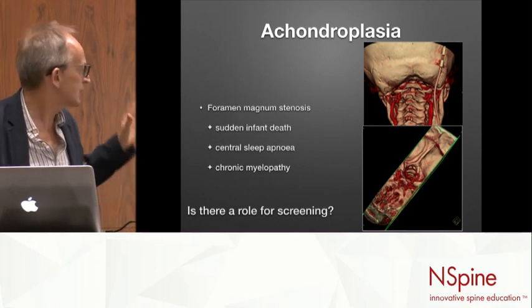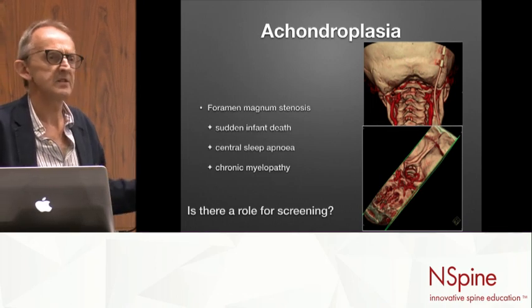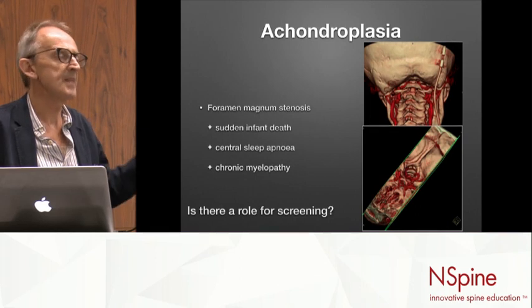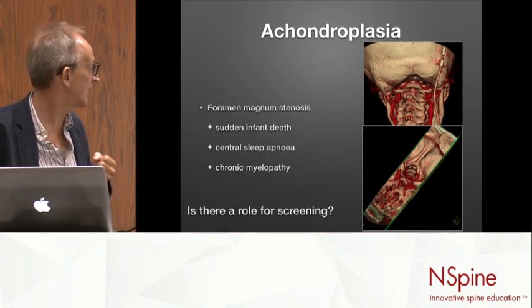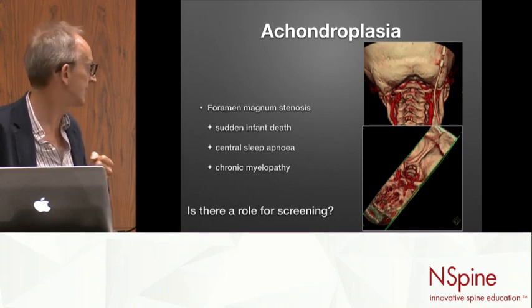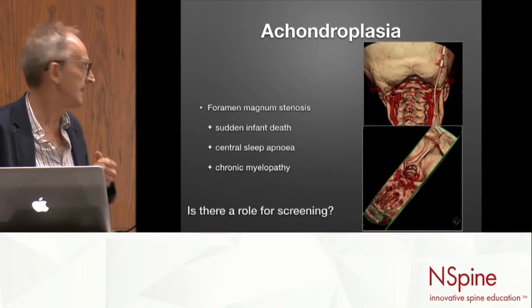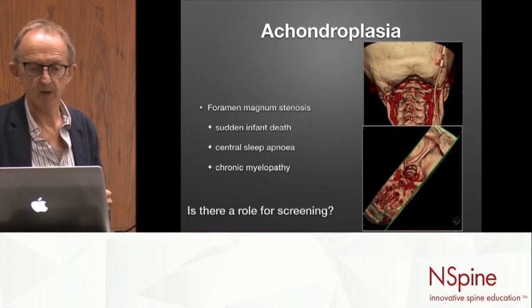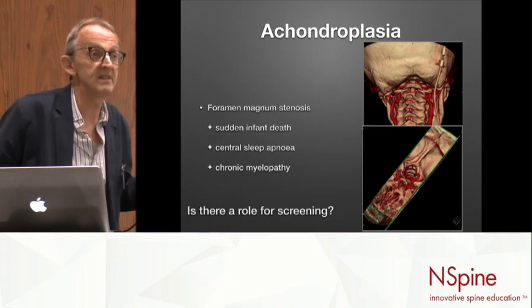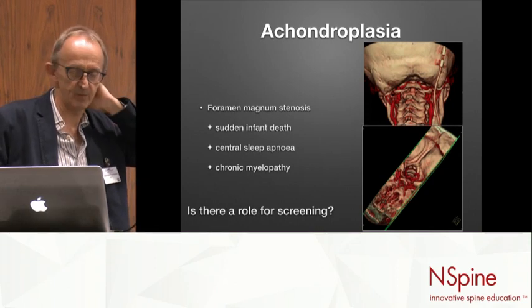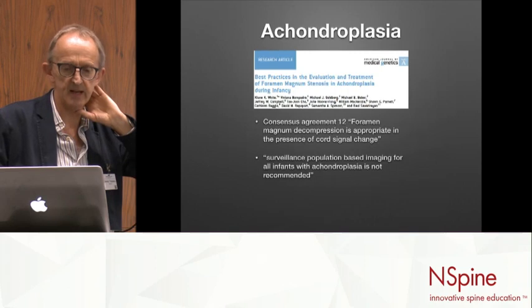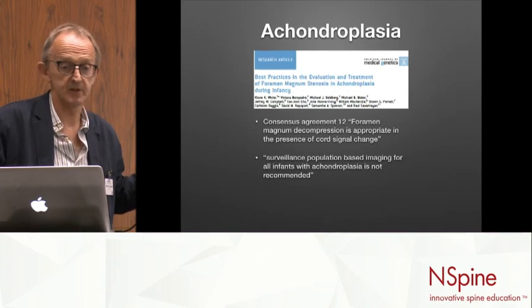There's no doubt that children with achondroplasia have a high incidence of sudden infant death, and a large proportion of that has been attributed to occult compression at the foramen magnum. Many of them end up with chronic myelopathy, and the question is, should you screen them? In fact, I was having a big debate in Salzburg last weekend at a big meeting about this, and the jury is very much out.